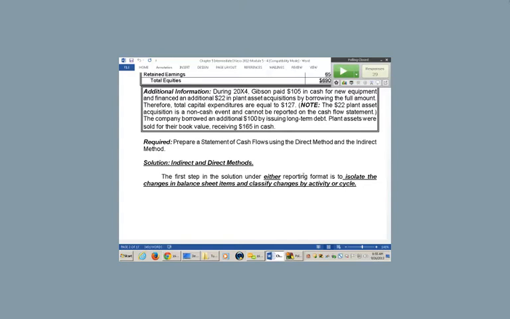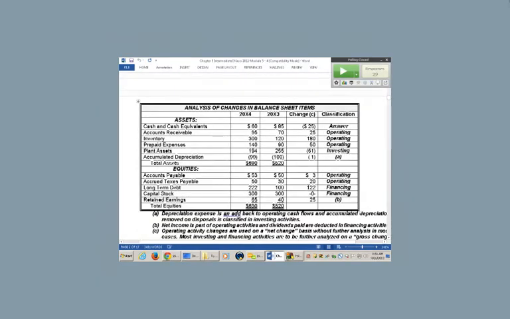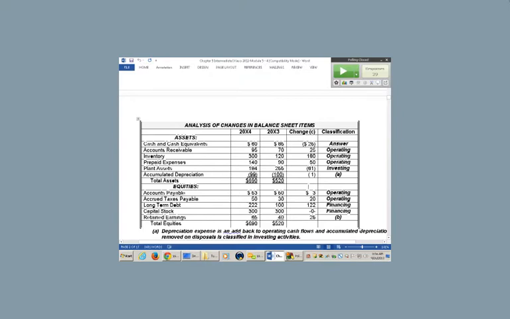It's kind of easy to do it that way. So if you go to the next page, I take the changes and then I'm going to classify them. So I look at cash and cash equivalents, and again, that's coming off the balance sheet. I mean, the balance sheet's here. I know it's hard to see, but that's the way the balance sheet would appear.